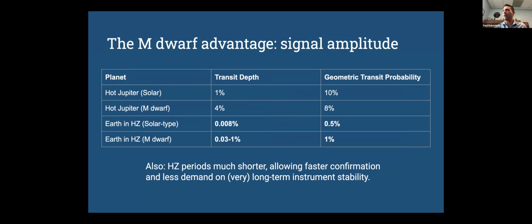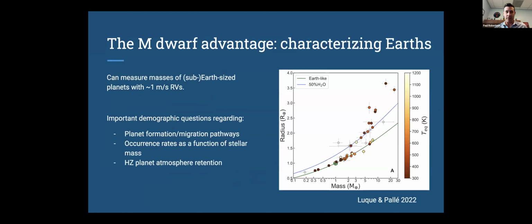And so there are a number of science cases that either rely on or are enhanced by the ability to go after M dwarf planets, and one of those is simply the ability right now to characterize Earth or potentially sub-Earth sized planets.